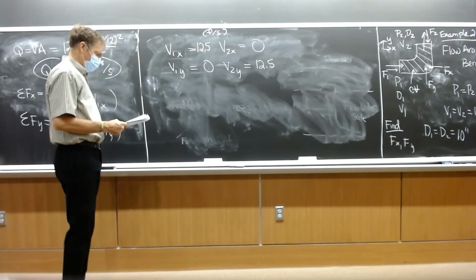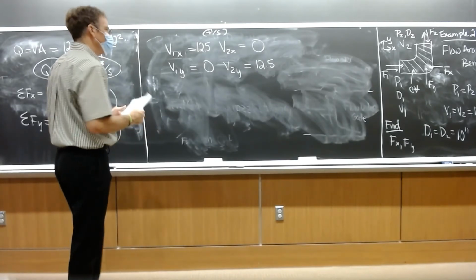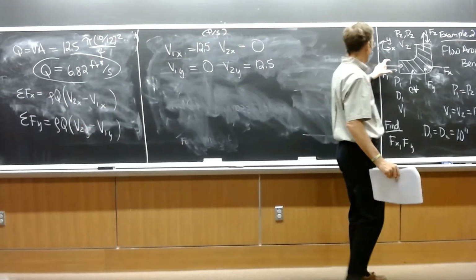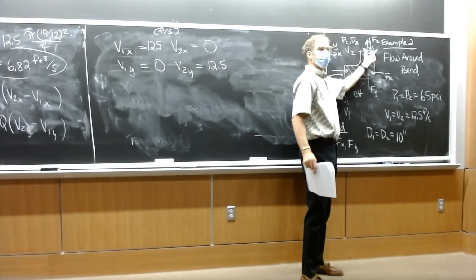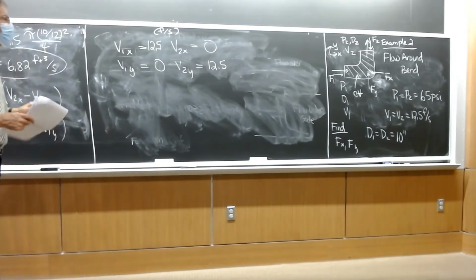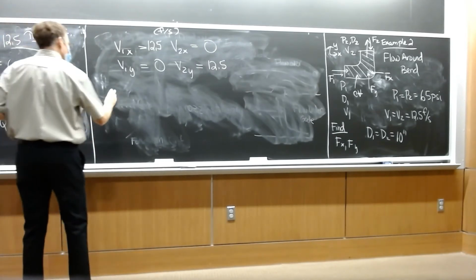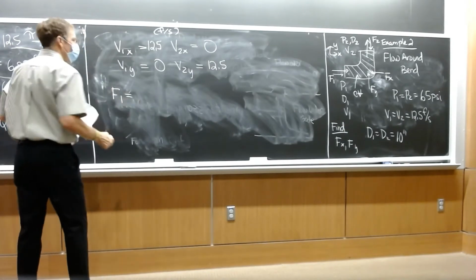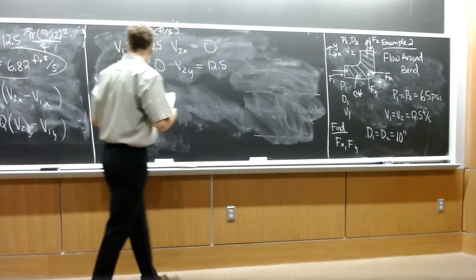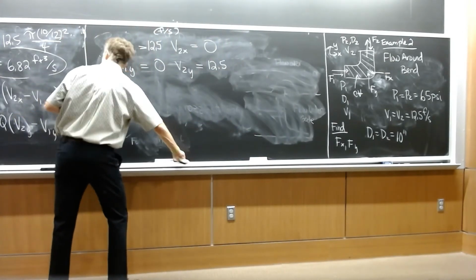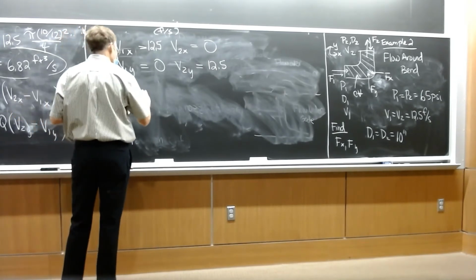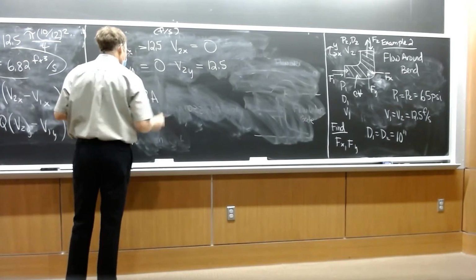And now let's calculate. There's a constant pressure and area, so we just need a single calculation for that. And I'm going to say F1. F1 is the pressure force at location 1. And its X component is the pressure at location 1.